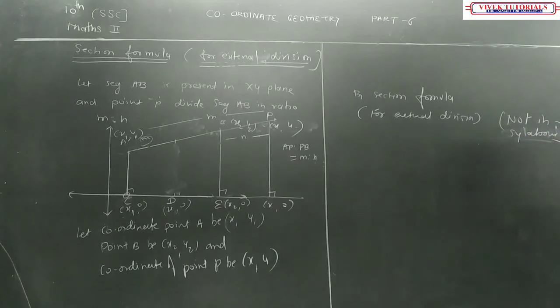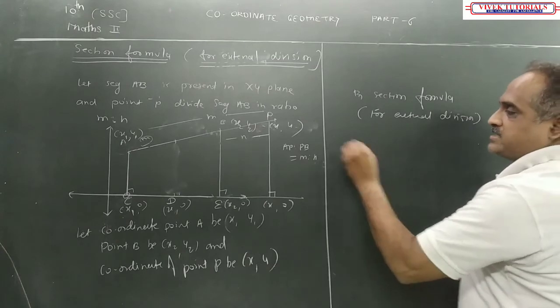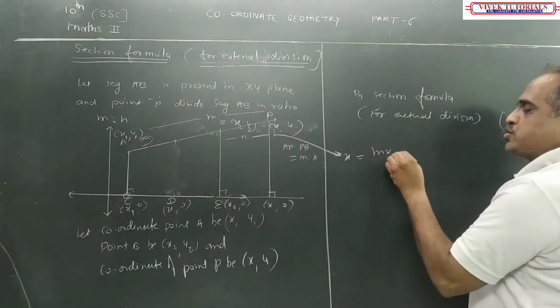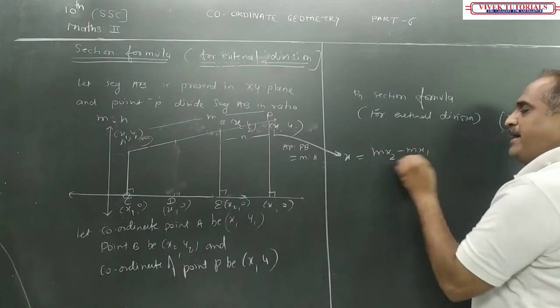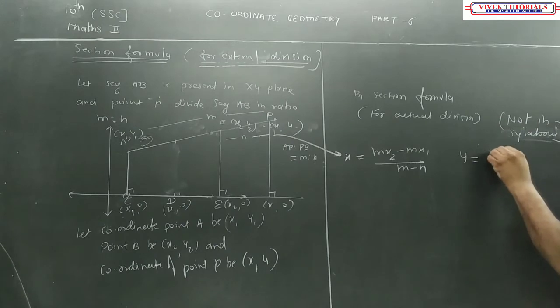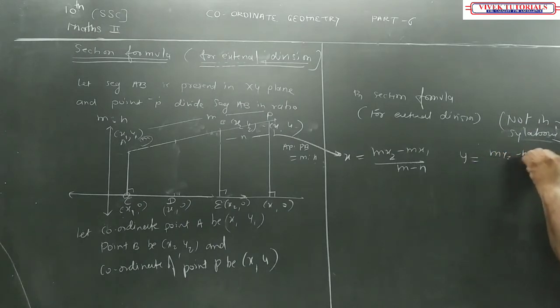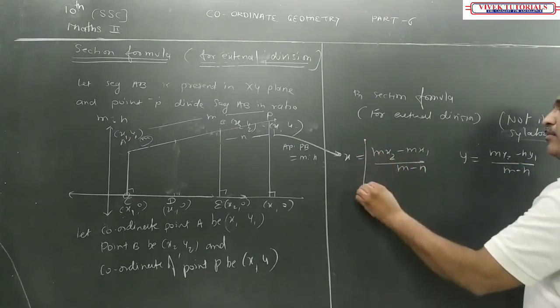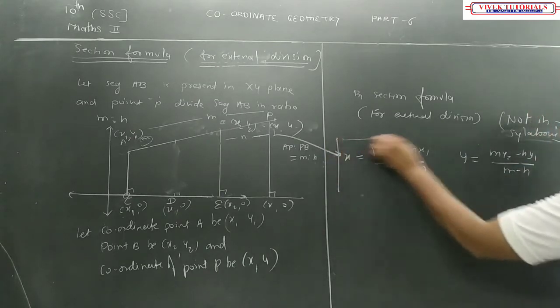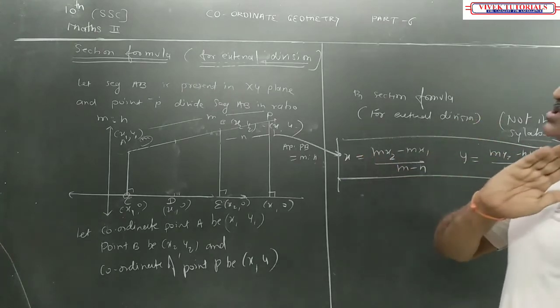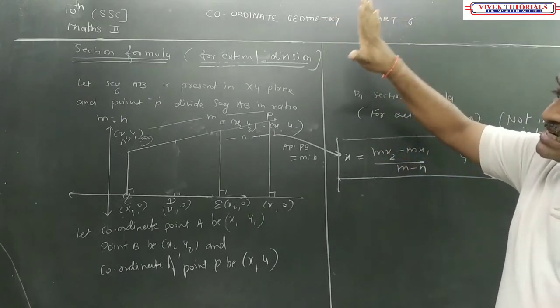So this is not in our syllabus. Then x is equal to mx2 minus nx1 upon m minus n, and y is equal to my2 minus ny1 upon m minus n. If we derive it, this answer will come. That is for external division, but this part is not a part of our syllabus.